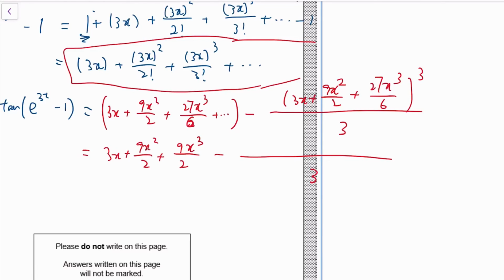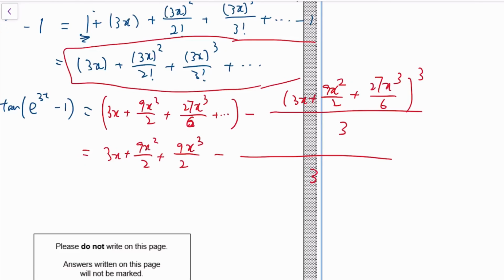This should be the difficult part. We need to kind of expand this to find the cube terms. Is there a faster way of doing this other than expanding everything out? I think so.